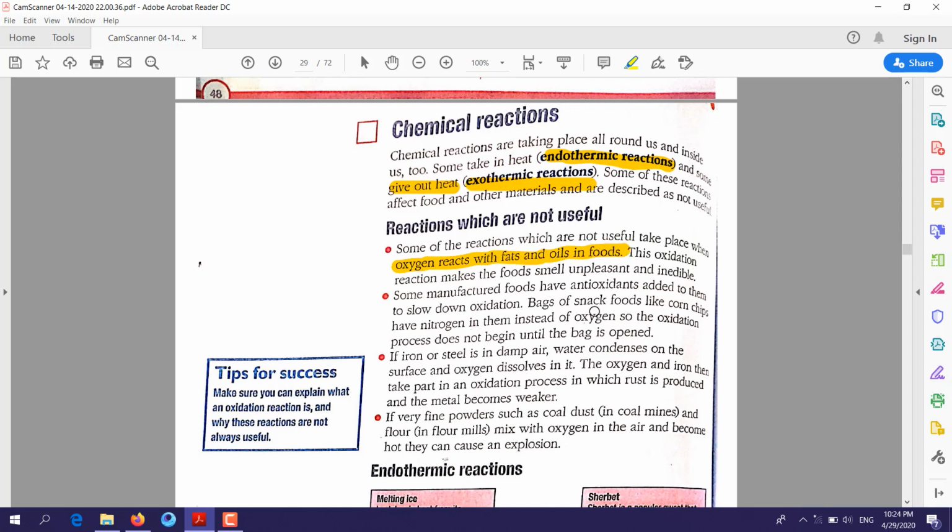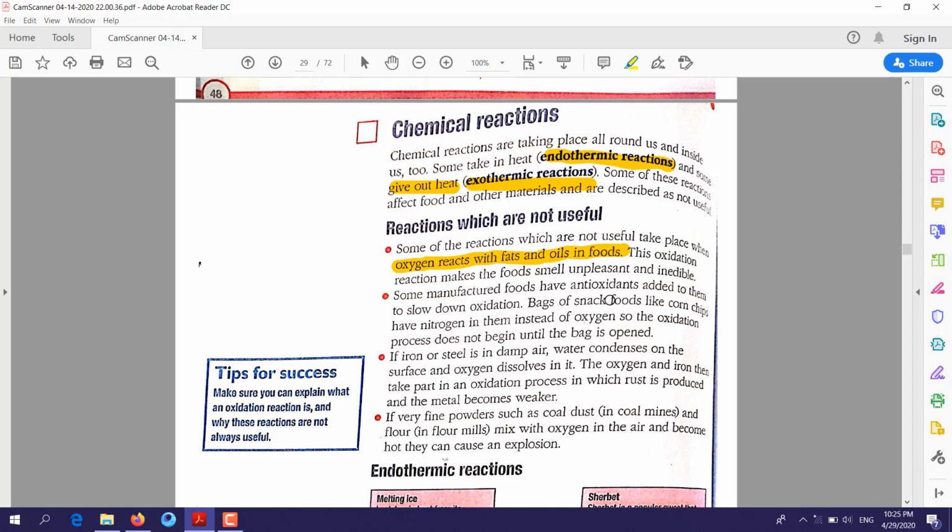If you put any kind of food that has oil and fat in it outside for a couple of days, what will happen? This food will start reacting with the oxygen from the air, and an oxidation reaction will happen.